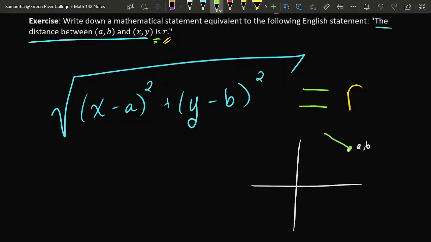If a little dog attached to that rope of length r was allowed to roam around the post, the points that it would trace out would form a circle if it could go r units in any direction. So this would be the pictorial example of the set of all points (x, y) whose distance from (a, b) was equal to r units. These points would form a circle of radius r around the center.